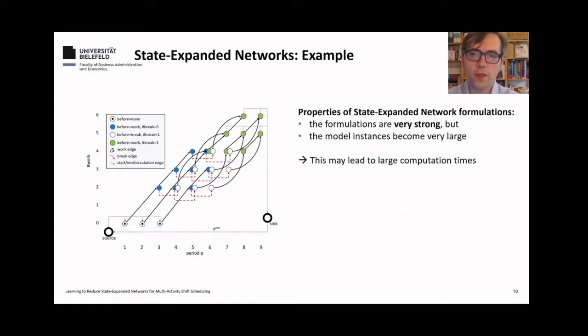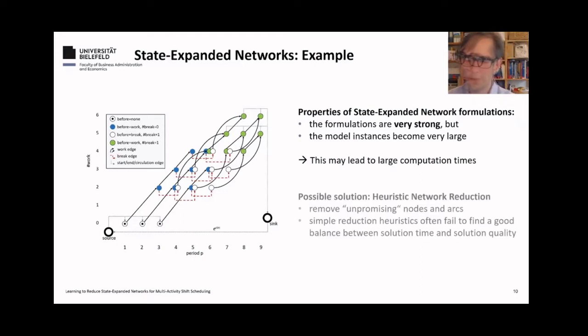State expanded network formulations, such as the one depicted on the previous slide, have 2 key properties. On the one hand, they give rise to very strong formulations with a very small LP-IP gap. However, the model instances tend to become very large for large-scale problem instances, which may, of course, lead to large computation times.